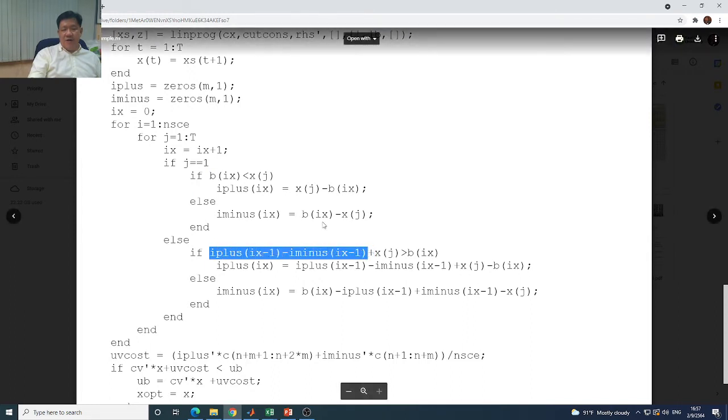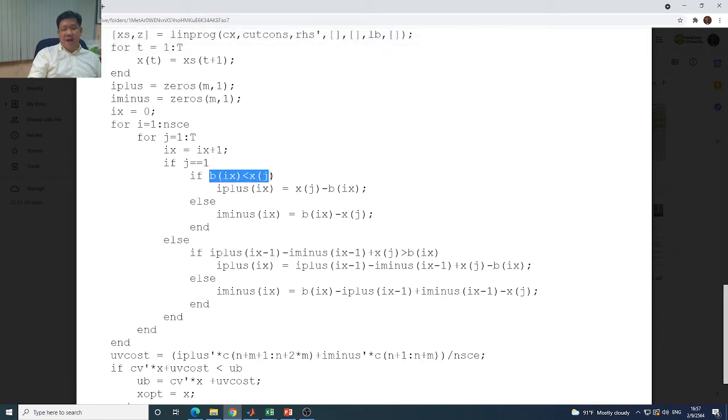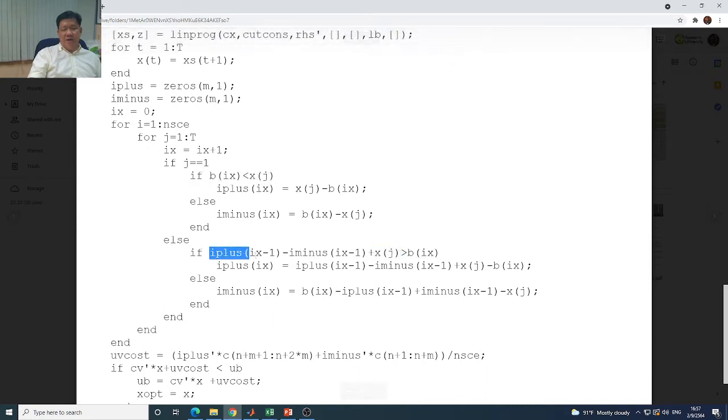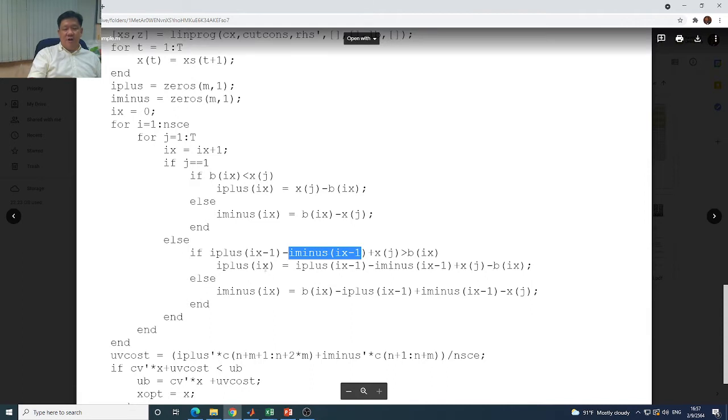But for the first period, you can compare the right hand side with the decision of xj immediately. After j is greater than 1, after xj you need to check whether the previous period has any I plus or any I minus, according to the constraint.